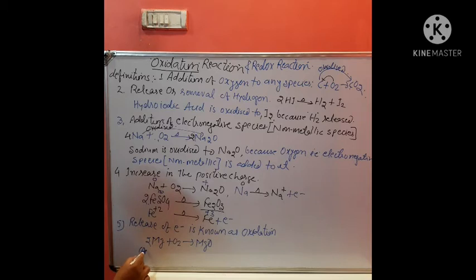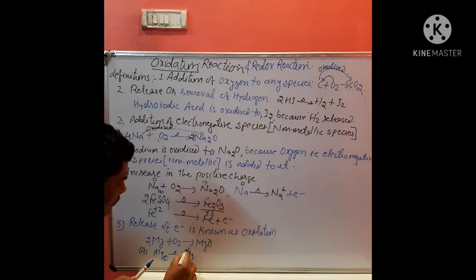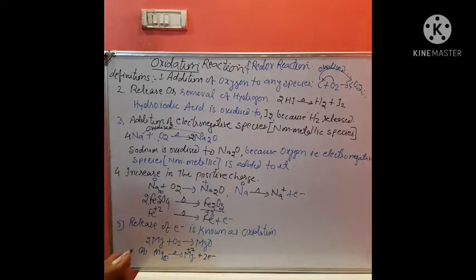Part A: the Mg solid, when heated, converts into Mg plus 2 and releases 2 electrons. So the Mg is oxidized to MgO, and this oxidation is due to the release of these 2 electrons. That means there are a number of definitions which represent oxidation.